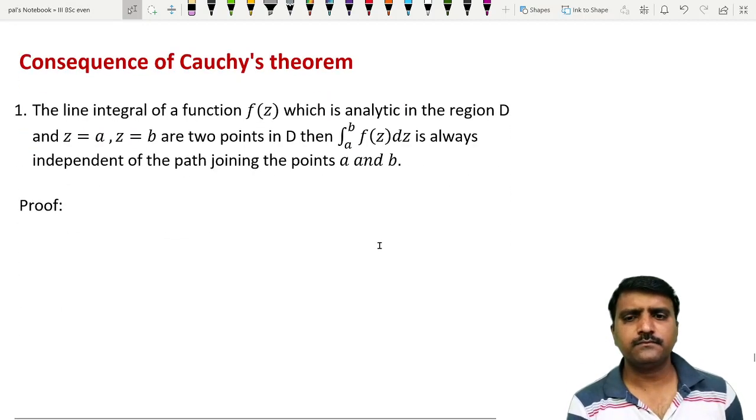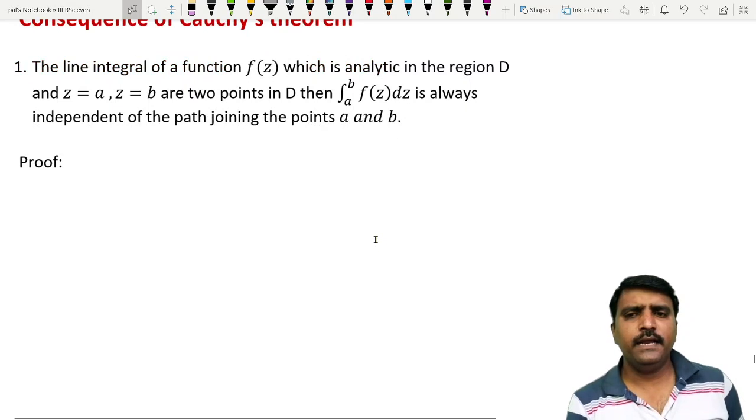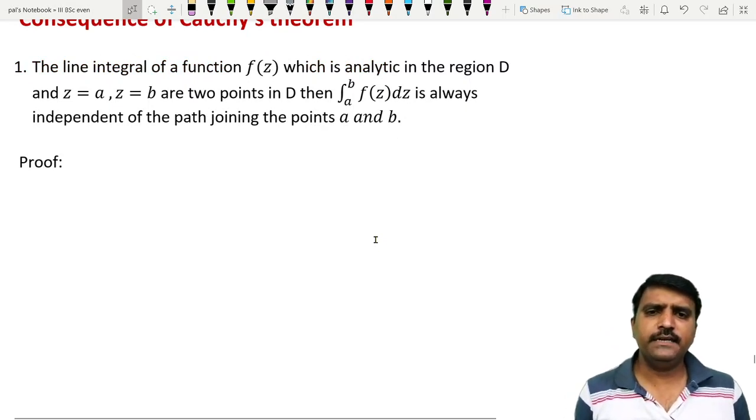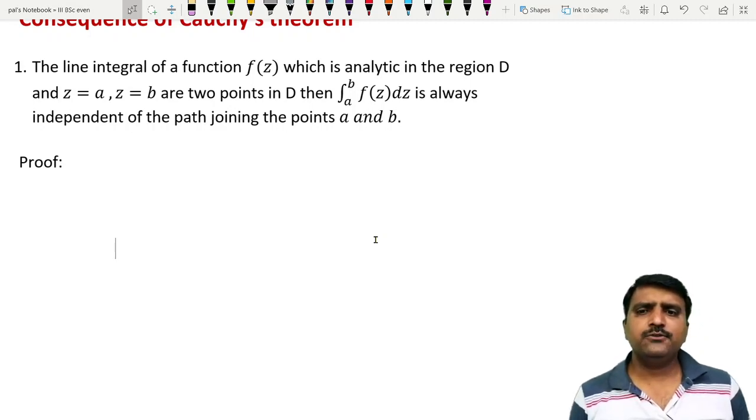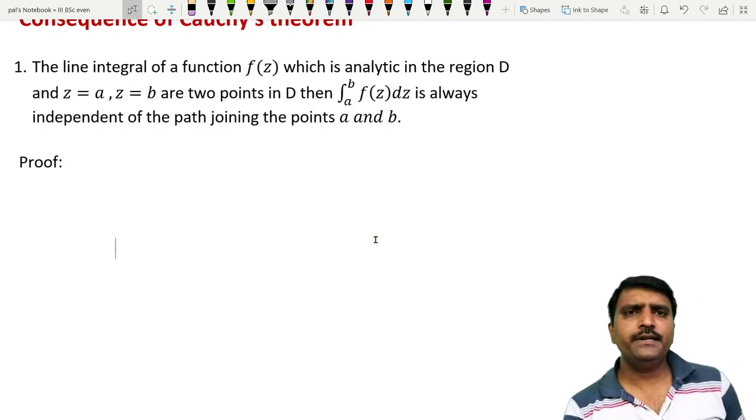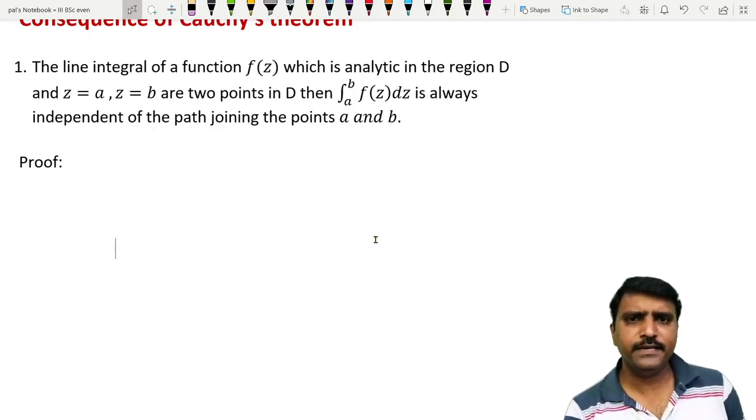You take the line integral of f of z, which is analytic in the domain D, and z equal to a and z equal to b are two points in D. So you take any two points A and B in D. Then the integration of f of z dz from A to B is always independent of the path joining the points A and B.